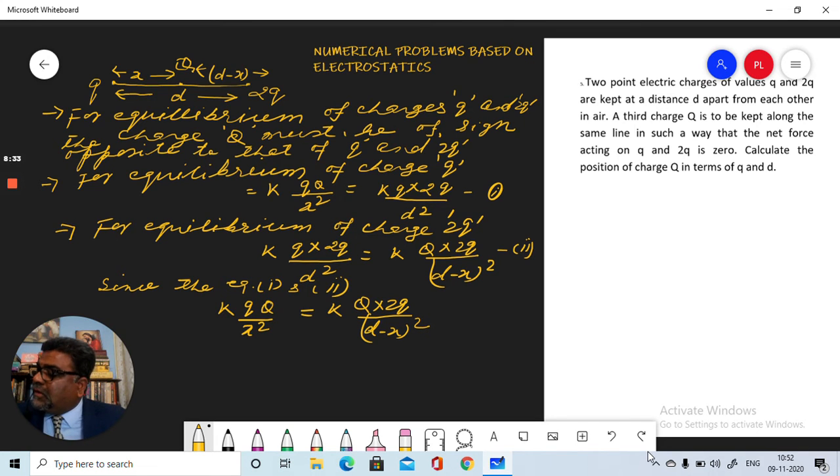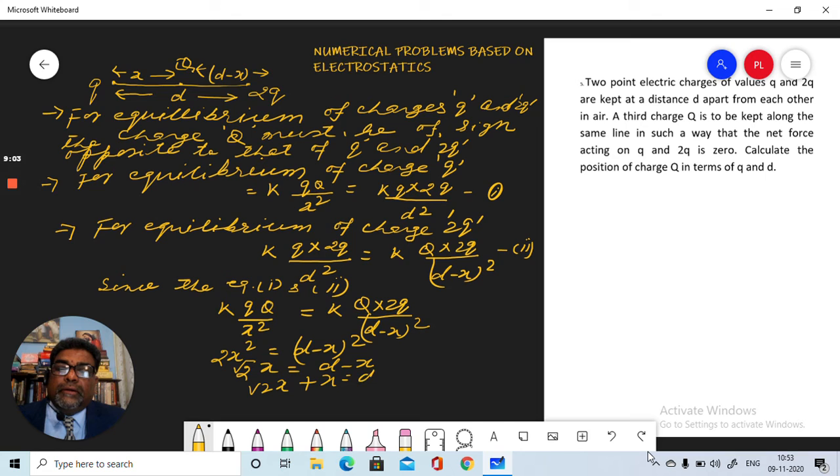Now solve this equation, you will get 2x square is equal to d minus x whole square, or root 2 x is equal to d minus x, or root 2 x plus x is equal to d, or x is common, so you get x into root 2 plus 1 is equal to d.